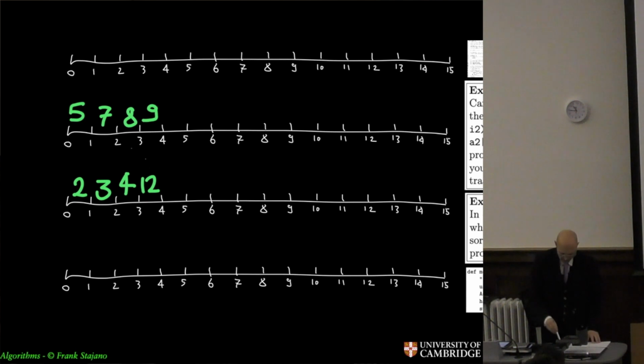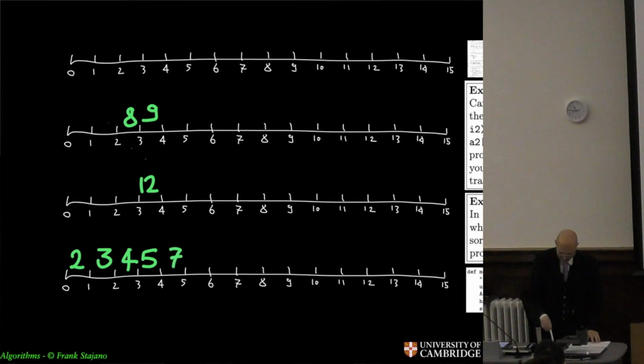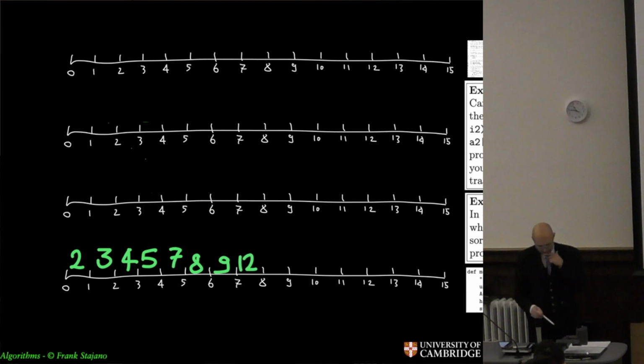Well, it's clearly this one, so that's where I take it from. And who has the smaller between these two? It's this one. And again, this one, and this one, and this one. That's all very nice. Except my stuff has ended up here. Well, maybe I should have sent it back there.